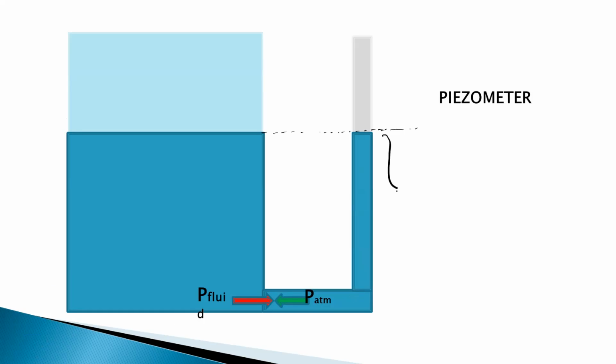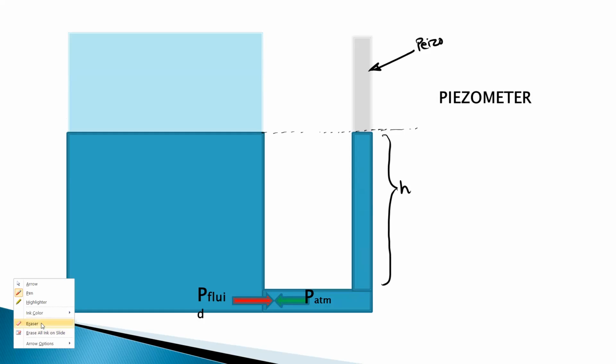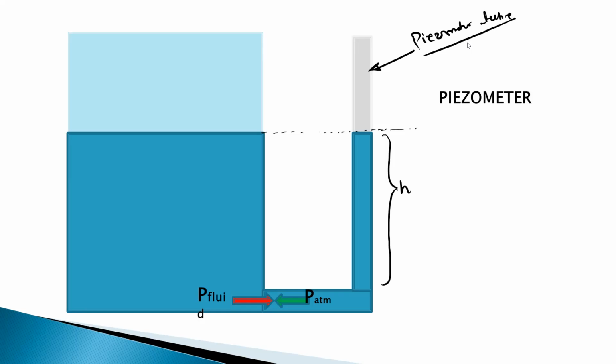So this height in this piezometer tube, so this is your piezometer tube. So from this height h, we can directly find out what is the pressure at this point.